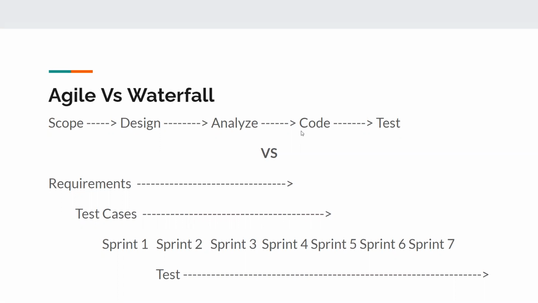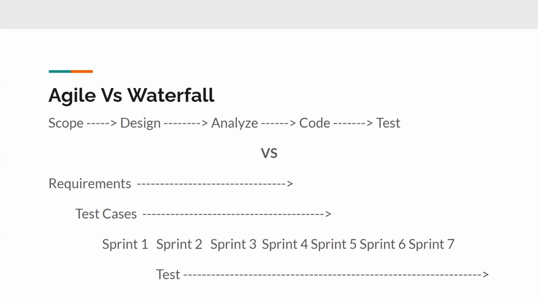Now, what happened was people found that it did not accommodate changes to requirements, right? Say, for instance, a team gets a project in January of a year, and you scope it out from, say, January to February.